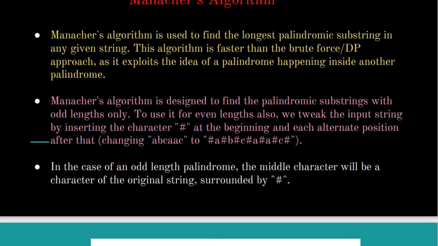And the second point: initially, Manacher's algorithm was designed to find palindromic substrings with odd length only. That means initially this algorithm is useful for strings which have odd length, but to use it for even length, we insert a special character at the beginning, at the end, and between every two characters so that it can be used for even length also.